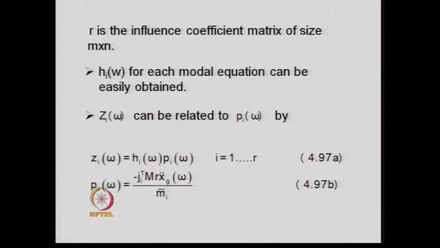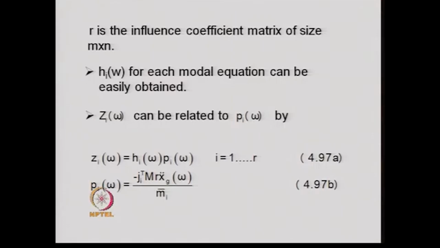Now, once we have a single degree of freedom equation for a mode i, then one can write down z_i(ω) = h_i(ω) p_i(ω), and once we have this, then we can very easily find S_zi, that is the power spectral density function of the generalized displacement z.